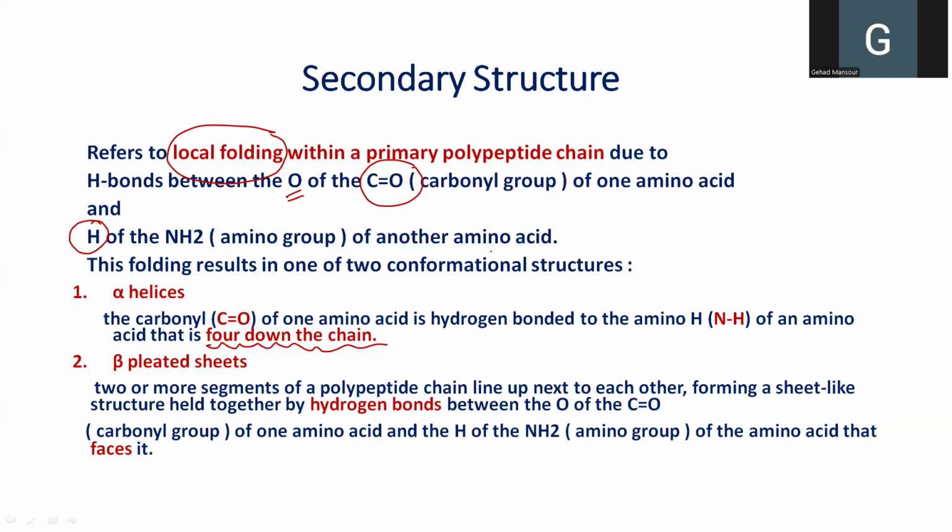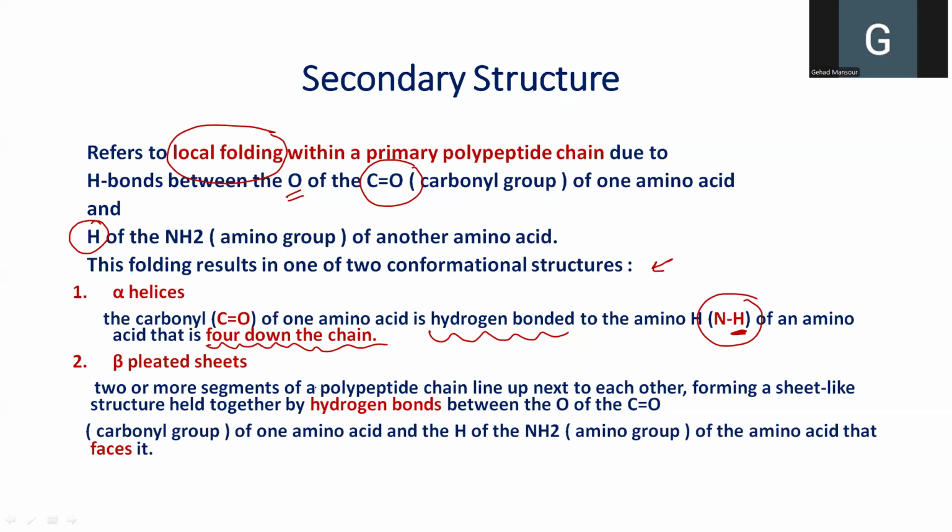So if we read the slide, then we would say that this folding results in one of two conformational structures. The alpha helices, where you have the carbonyl of one amino acid hydrogen bonded, and when we say hydrogen bonded, we mean through a hydrogen bond to the amino H. And when we say amino H, we mean H in an amino group, but of course an amino group that lost an H, and the amino acid is fourth down the chain.